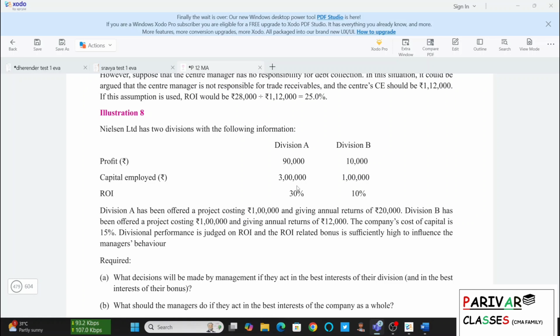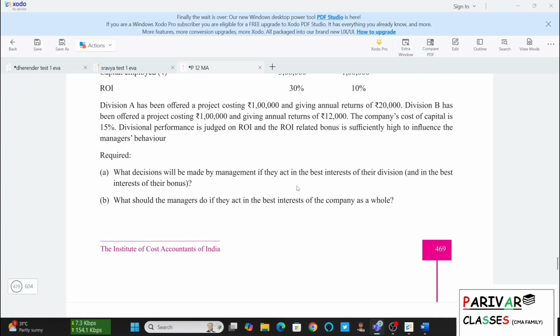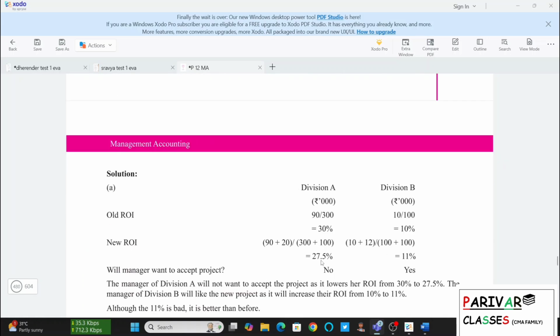Now for calculating the revised ROI, we do 1 lakh 10,000 divided by 4 lakhs for division A, which we get as 27.5 percentage. For division B, 22,000 divided by 2 lakhs, nothing but 11 percentage. In case of division A, 30 percentage becomes 27.5 percentage.